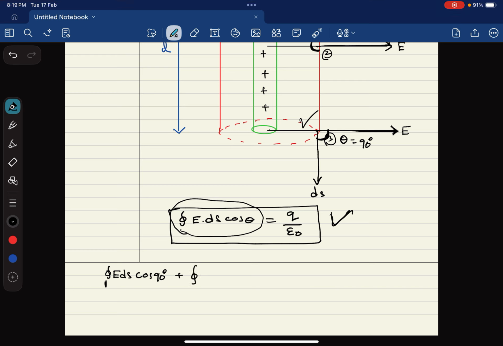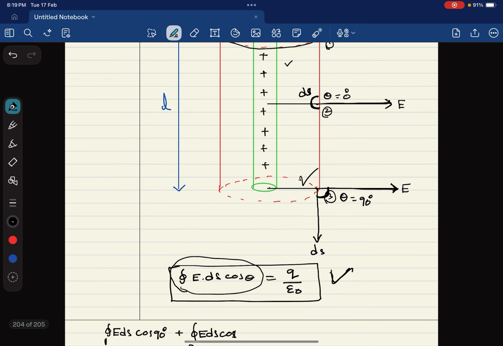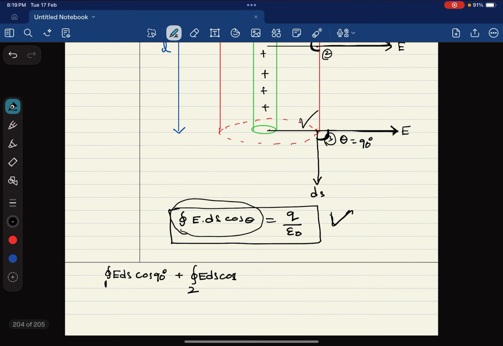Again I use the same formula, E ds cos. For the second region, what is the theta value here? 0 degrees, so cos 0, plus closed integral for the third region E ds cos, with theta value 90 degrees, which is equal to q by epsilon naught.